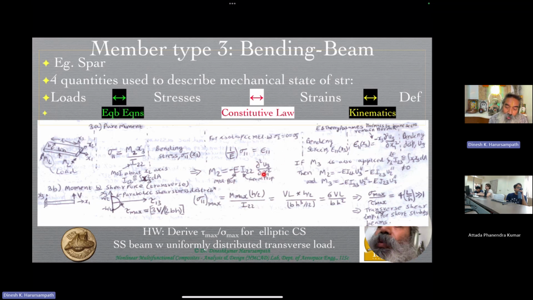It's dou by dou x1 of dou by dou x1 of u3, which in turn becomes this particular second derivative. But in terms of the overall character, it remains the same. There is a constant of proportionality, and that constant involves a material property, once again Young's modulus, like in the first example of the axial bar column, and a geometric property.